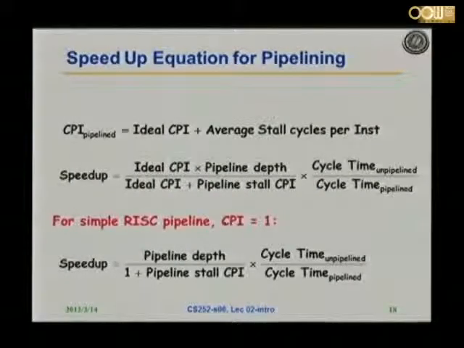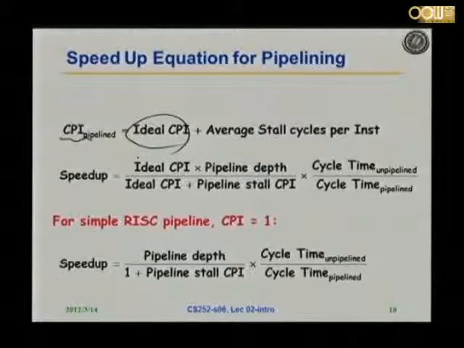Okay, speed up equation for pipelining. Cycles per instruction in the pipeline case. When I pipeline, then ideally, every instruction will take only one cycle. But in reality, there could be hazards, so I may need to insert stall cycles.